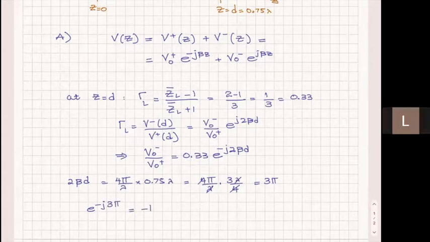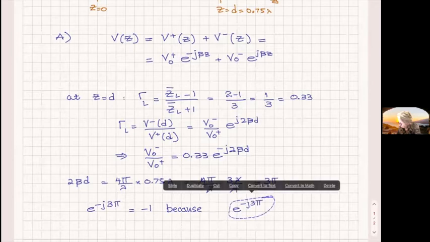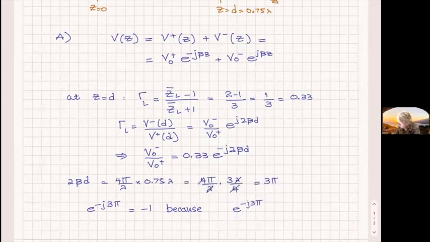Do you see that? Because e to the minus j 3 pi is equal to cosine 3 pi minus j sine 3 pi, which is minus 1.